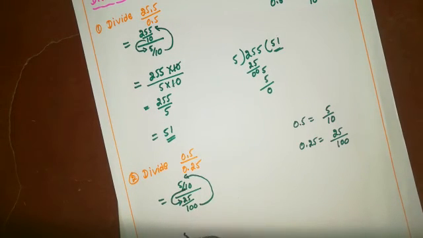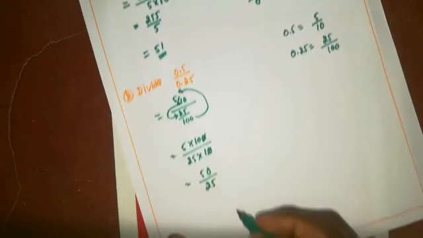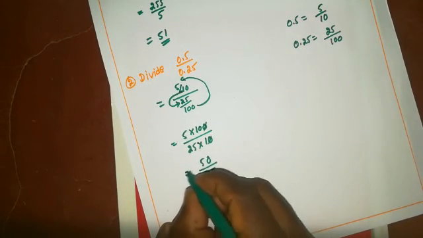Now it means 5 into 100 divided by 25 into 10. Now this 0 gets cancelled. Now 5 into 10, how much? 50. So now we have 50 divided by 25.